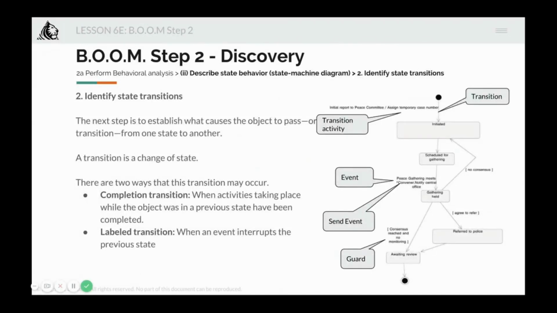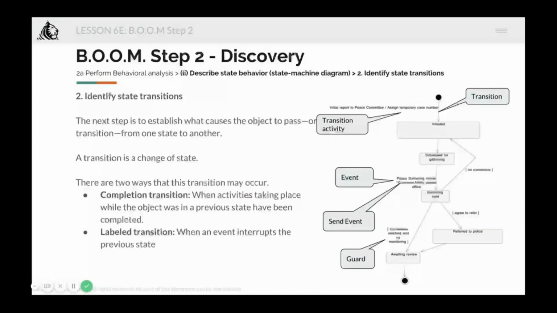Then there is transition activity, which is a quick, uninterruptible activity that happens whenever the transition occurs. To document an activity, precede the activity name with a slash, as in slash a sign. That's just one way to indicate it. And yes, when you have all of these rules, you should create a guideline for everybody to follow the same conventions that you're following.